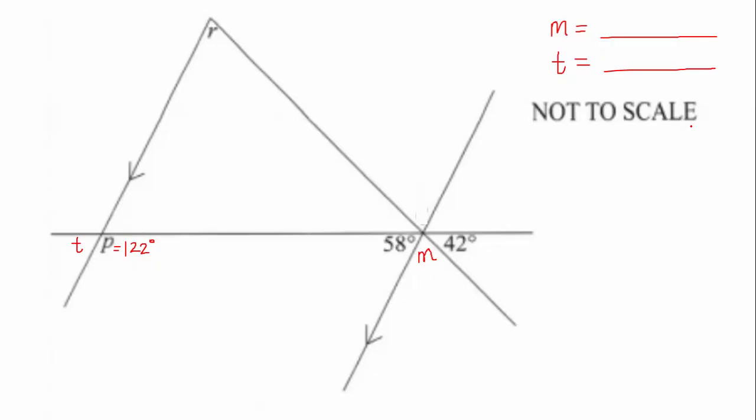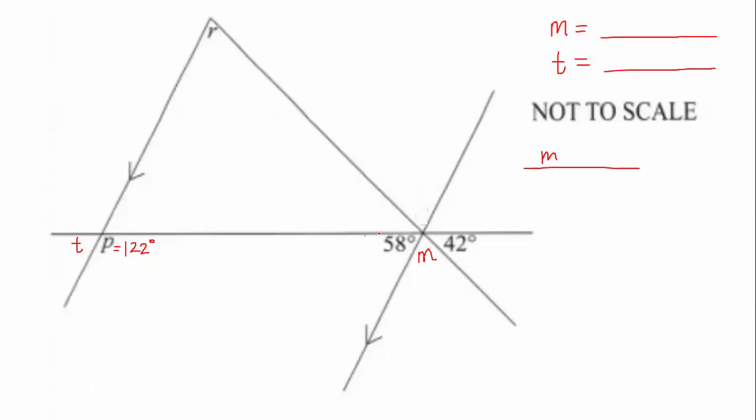All right, so let's go ahead and do it. In order for us to get M, remember, what's the rule? This is very important. The rule is angles on a straight line at a common point add up to 180 degrees.